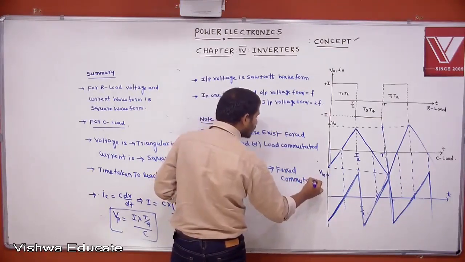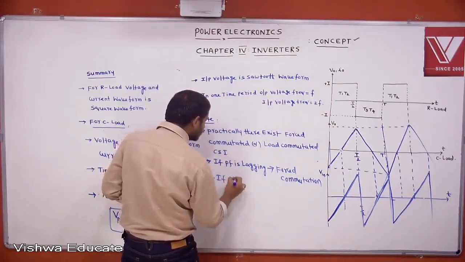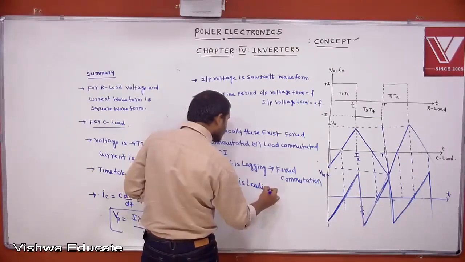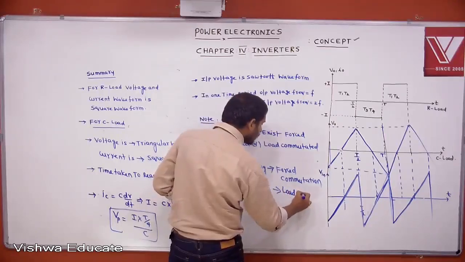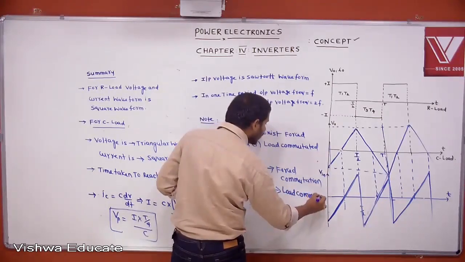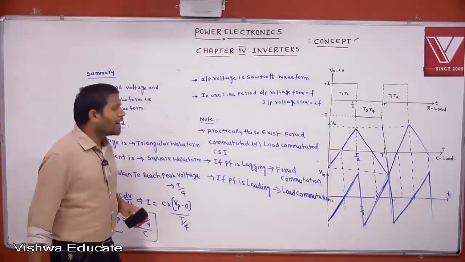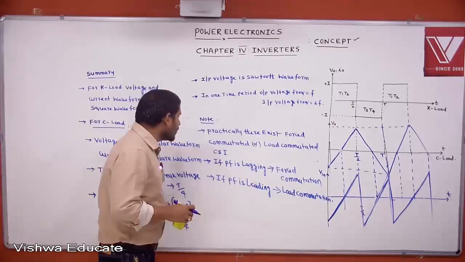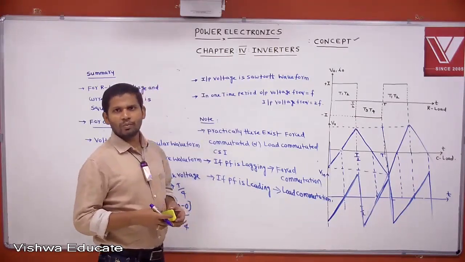If the power factor is leading, we can use load commutation. If the power factor is lagging in the case of a current source inverter, we can apply forced commutation. If the power factor is leading, then we can apply load commutation.